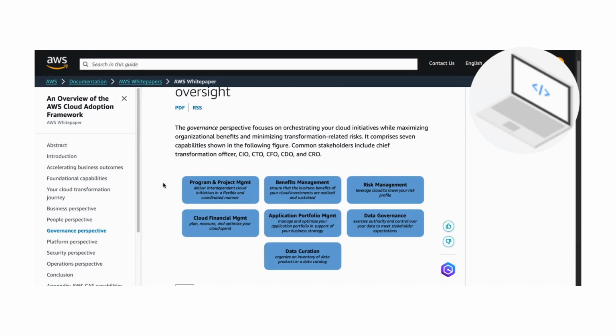First, we have program and project management. This capability is all about delivering interdependent cloud initiatives in a coordinated way. Imagine trying to juggle multiple complex cloud projects across different teams, things can get pretty messy quite fast.